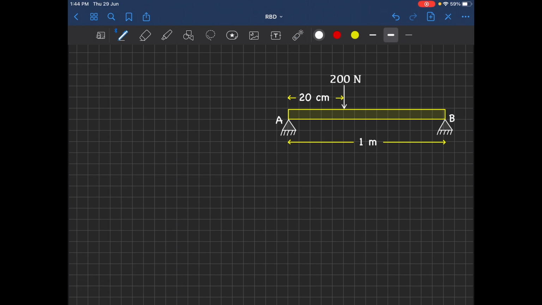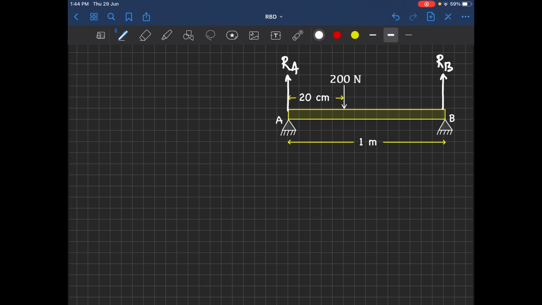Now when we see the two supports there will be two reaction forces, right. So let us say here the reaction is RA and here the reaction is RB. Now these are the two reaction forces. According to our equilibrium expression, net force in horizontal and vertical must be 0. Here there is no force in the horizontal direction, but there are forces in the vertical direction, right.